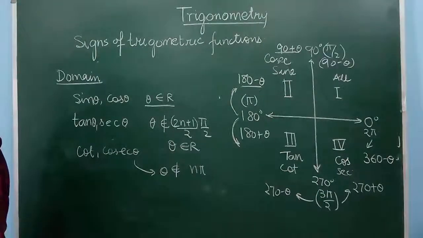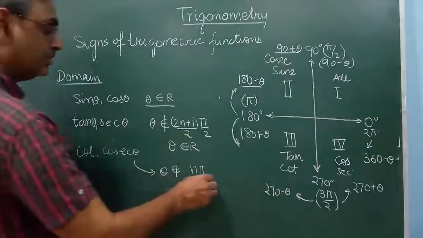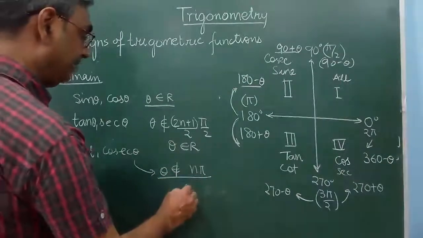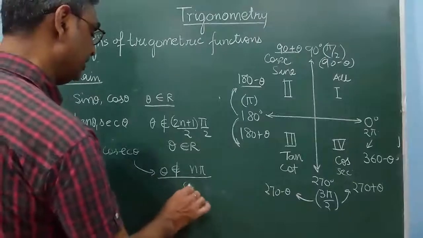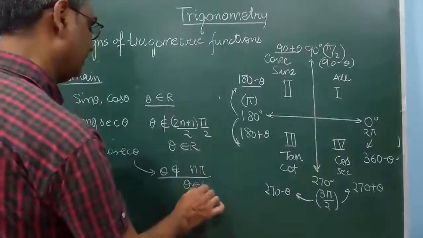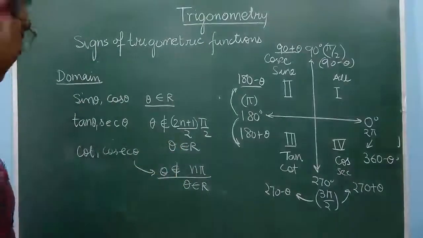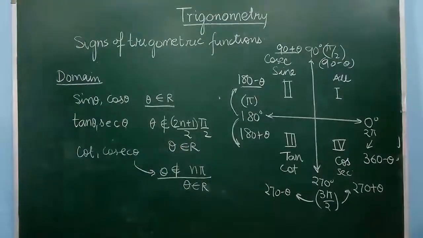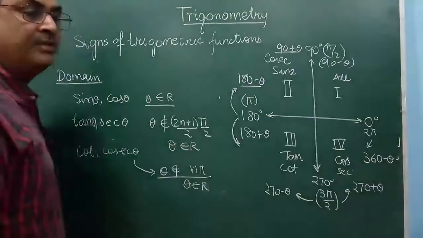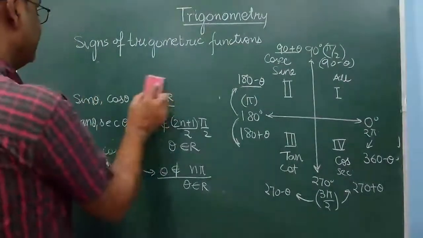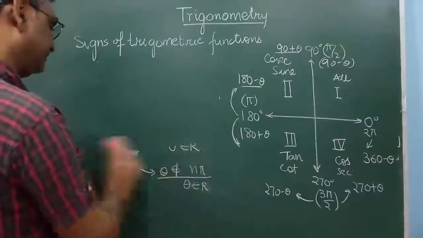Sine 0 is 0, sine pi is 0, sine 2 pi is 0, sine 3 pi is 0. Therefore theta should not be n pi, and theta belongs to real numbers except these, otherwise the denominator will become 0, and if the denominator is 0, then the trigonometric function will not be defined.